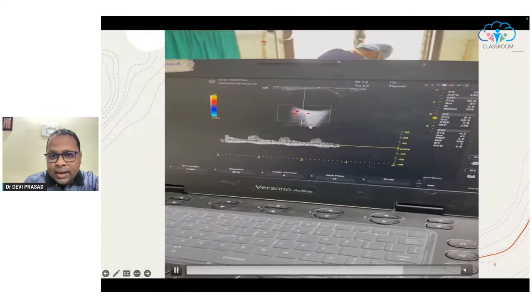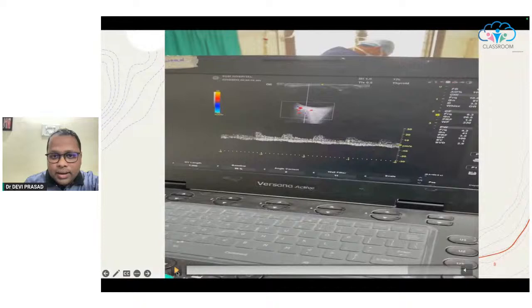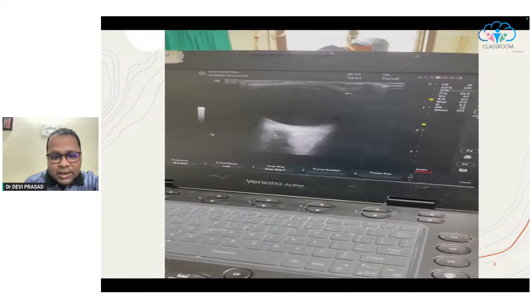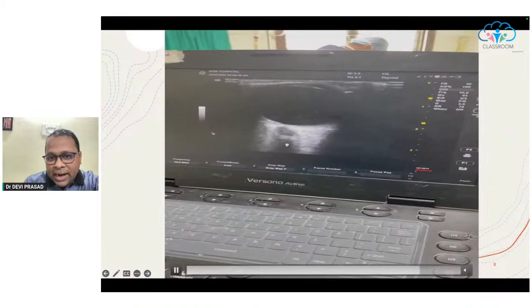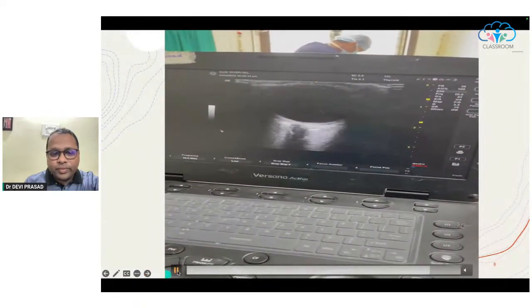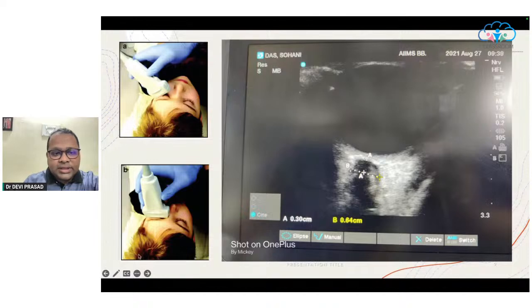So we can get a Doppler here, which tells us that the artery occupies a minor fraction, and the total fraction is in fact the nerve. So these are the probe positions, and this is one occasion when we actually had 0.64. This is a raised ICP feature.